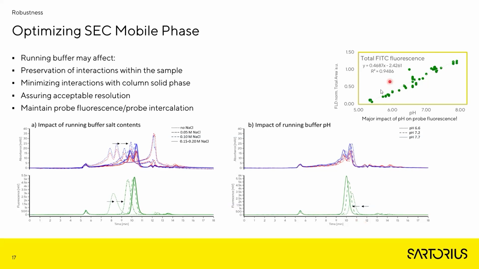Here we can see the pH dependency of the FITC fluorescence. So when using immunolabeling or other fluorescent probes, it's good to choose those that are least dependent.